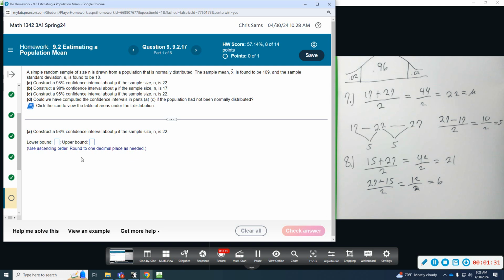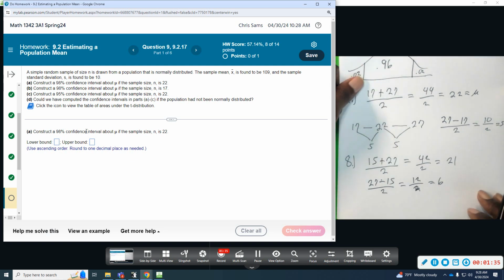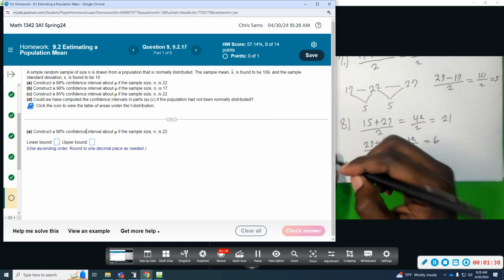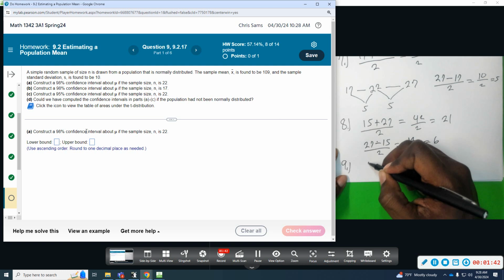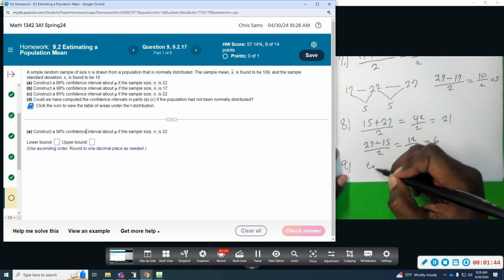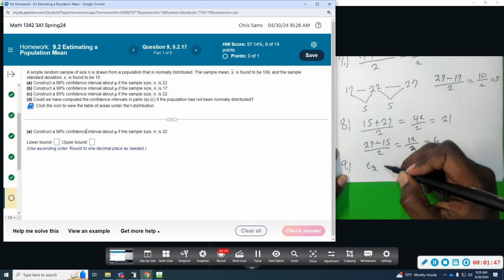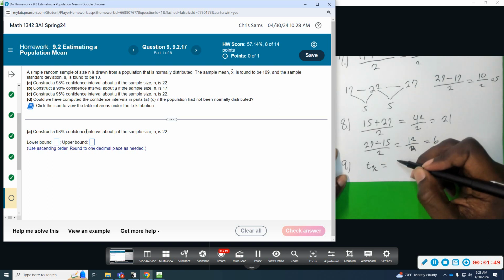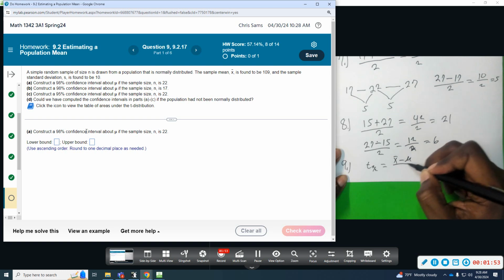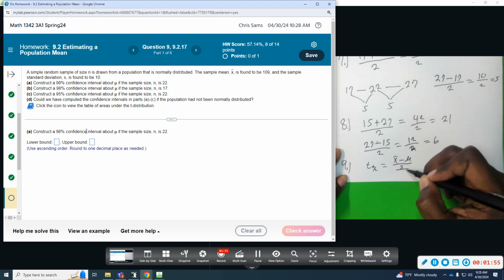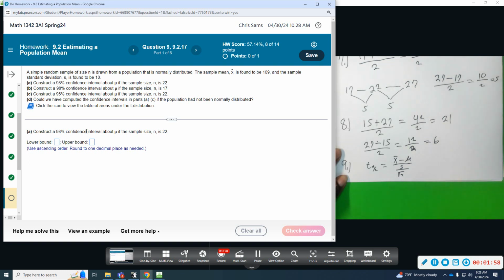So the formula is, which I'm going to do in StatCrunch, but just showing the formula. Just remember the t value, if we're doing a confidence interval, is equal to x bar minus the mean over s divided by square root of n. And working backwards, you would multiply that and then add the mean.